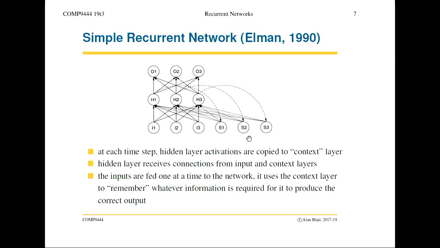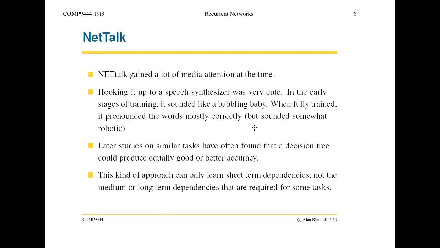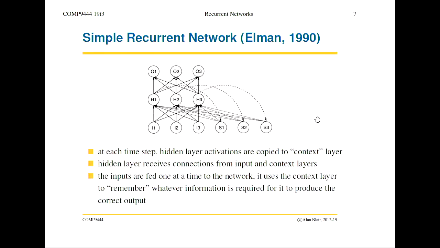Theoretically, at least, this information could be retained for an indefinite period of time, but then the question is whether the network's actually able to learn to use information from far back in time. But at least it'll have a better chance than this windowing approach. It should be able to retain information at least for several time steps.